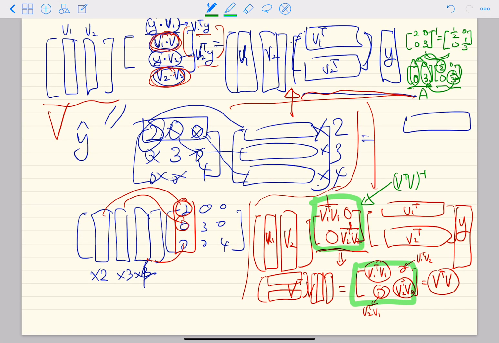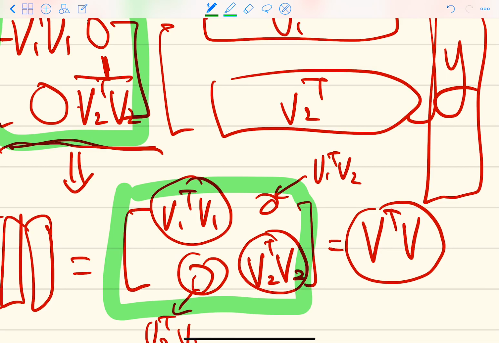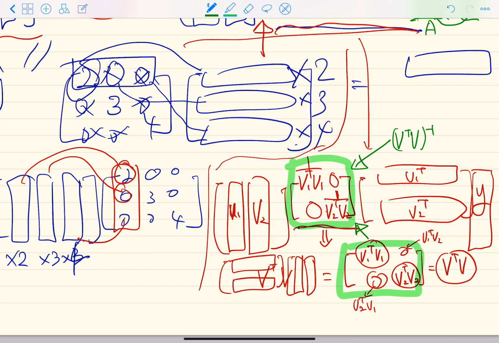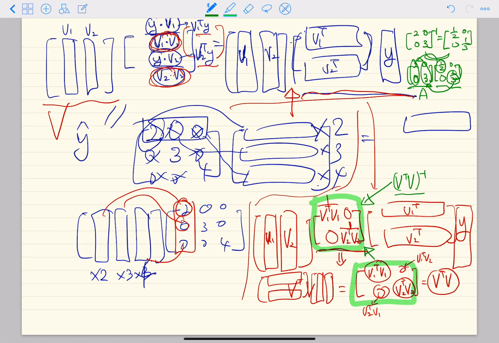Okay, so if we form this as V transpose V, its inverse matrix is just the element-wise reciprocals. Altogether, if we use an orthogonal matrix, what will be our orthogonal projection matrix?